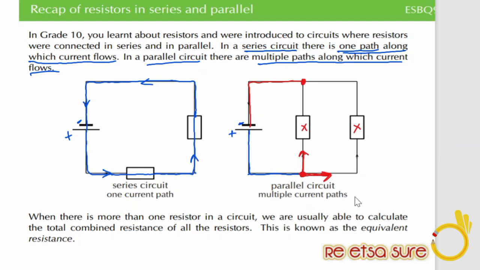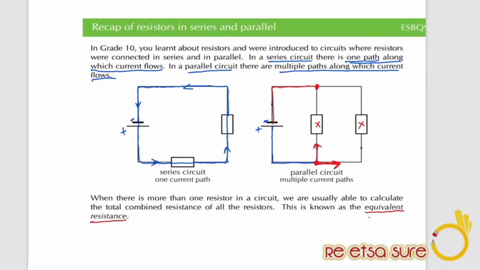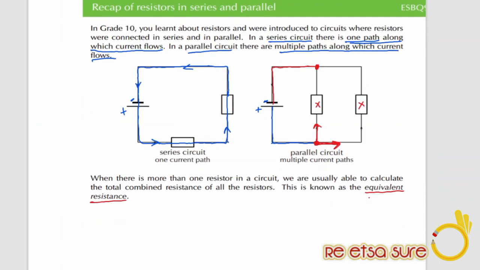When there is more than one resistor in a circuit, we are usually able to calculate the total combined resistance of all the resistors. This is known as the equivalent resistance. Sometimes you will get a question that says determine the equivalent resistance.